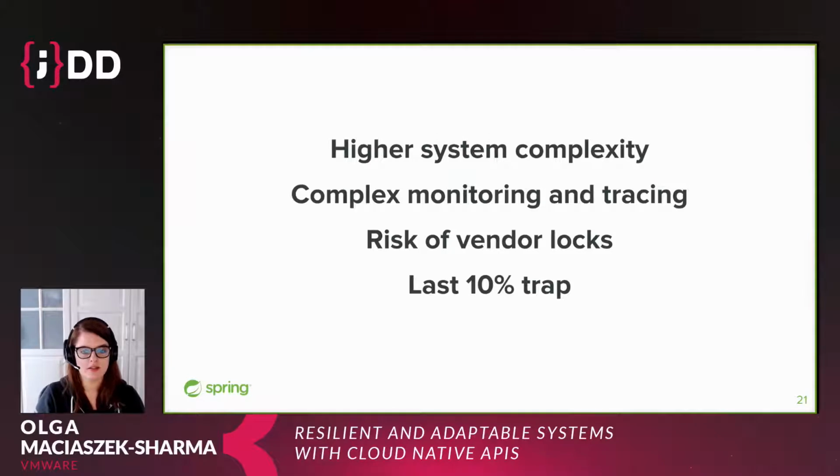And there's also one other interesting thing. Just recently, I was listening to Neal Ford at Devoxx Poland, and he mentioned that he thought serverless might also be at risk of what is called the last 10% trap, where 80% of things that you might want to do are very easy to get done. 10% are difficult, but still possible.